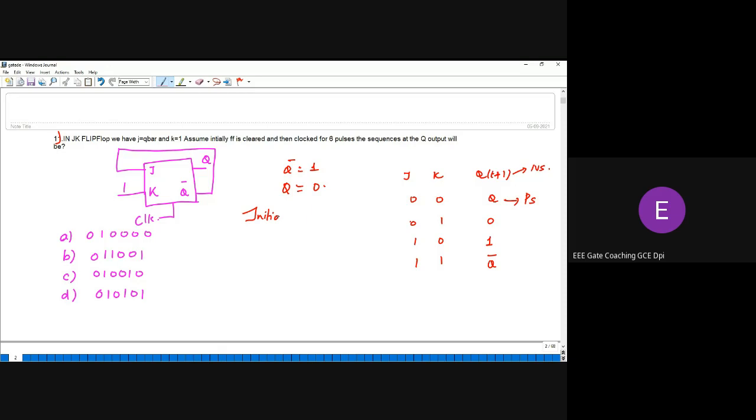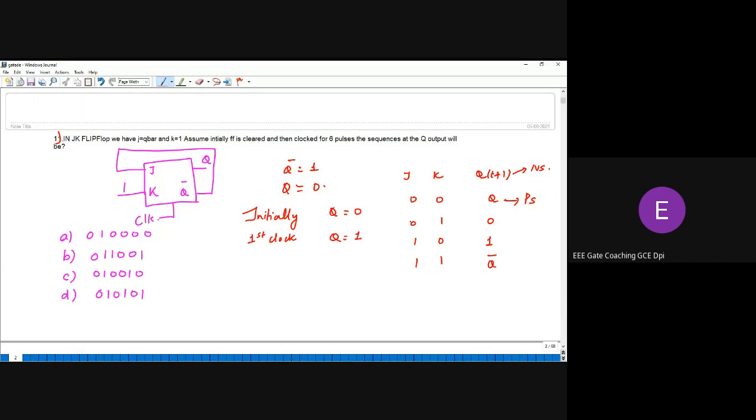Initially Q is equal to 0. After applying the first clock pulse, J and K are both 1, 1. So the next state becomes Q bar. So this becomes 1.